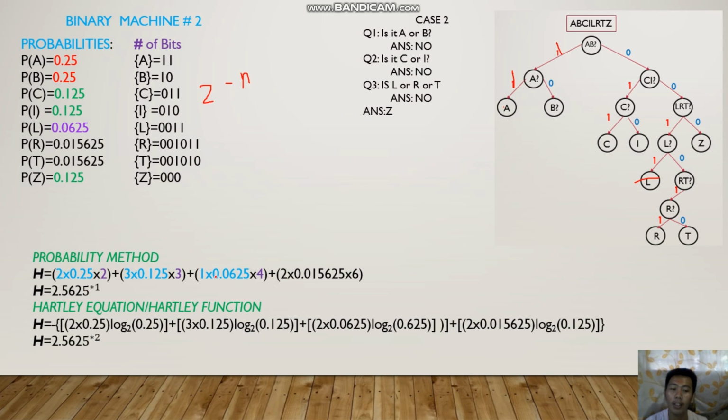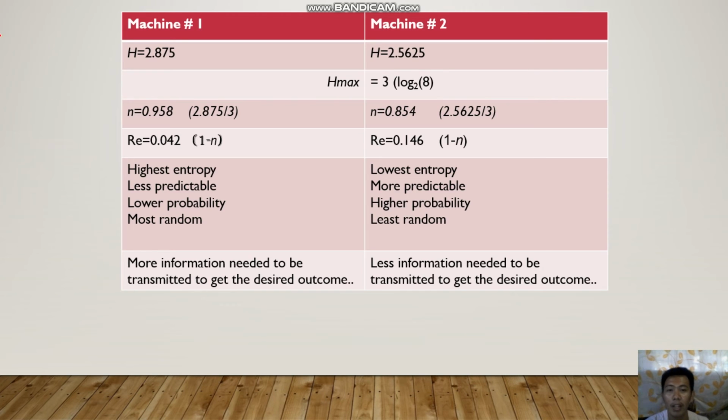Simplifying our equation, we derive this answer, 2.5625, and using the Hartley equation or Hartley function, we have this formula, the same procedure as at binary machine number 1. We have also derived 2.5625.